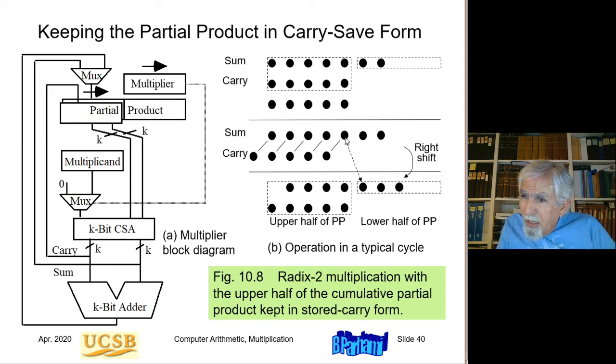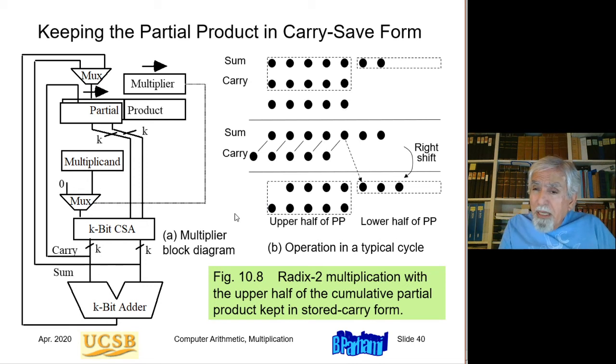Here I got lucky because this bit that moves into the lower half is a single bit. If I had another bit here, then I would be in trouble. Fortunately, that bit is a single bit. It's just a sum bit in this position. The carry bits start here. Therefore, that bit just directly moves into the lower half. So the lower half that contained 2 bits up there now contains 3 bits, and so on.